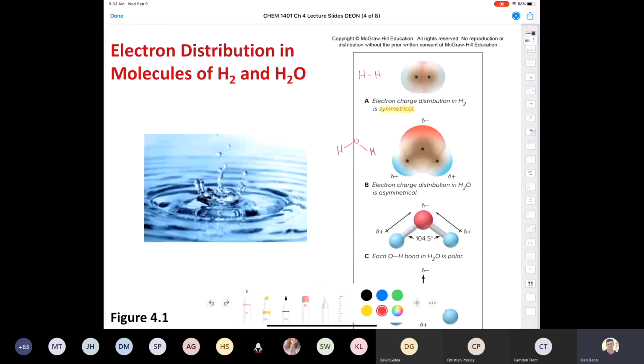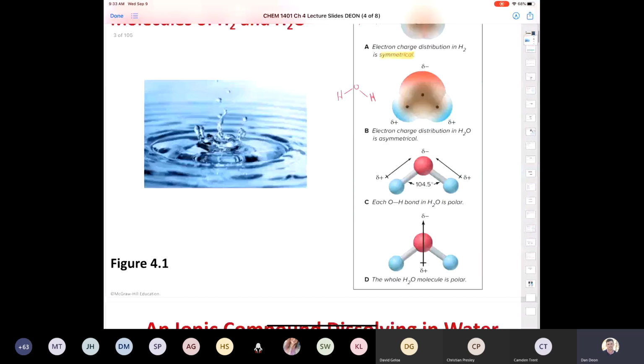But my point is this, what makes water unique, and these are all different representations of water here, is that the atoms hydrogen and oxygen have different amounts of tendency to pull electrons towards themselves. What does that mean? It means that in a molecule of water, you have the nuclei of the two hydrogens and the oxygen, okay? Those are represented by these little black dots here, okay? Now, everything else is the electron cloud.